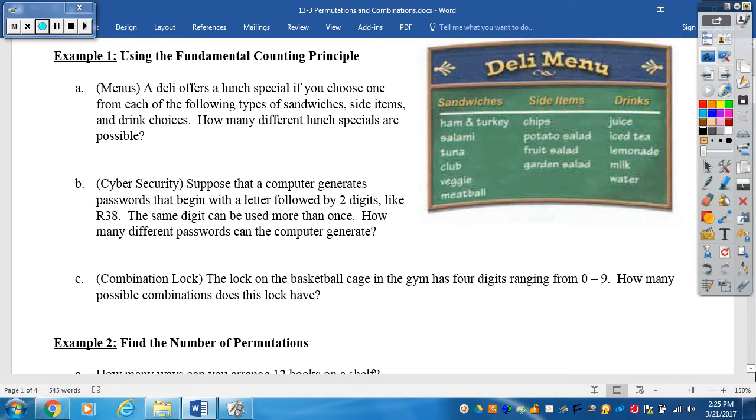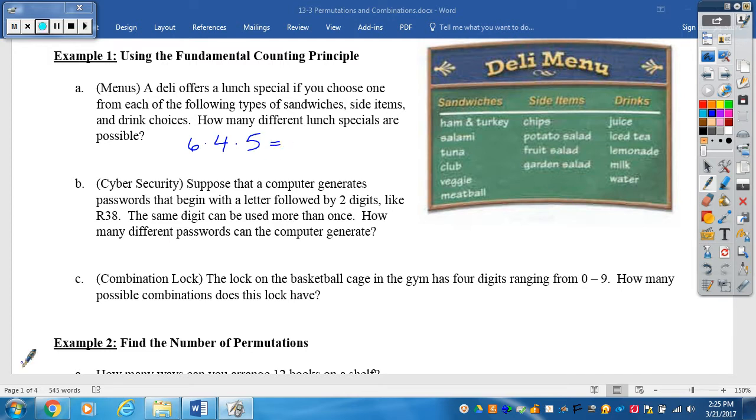As I look at that, and we considered the previous problem, you have 1, 2, 3, 4, 5, 6 different options for sandwiches. You've got 4 different options for sides, and you've got 5 different options for a drink.